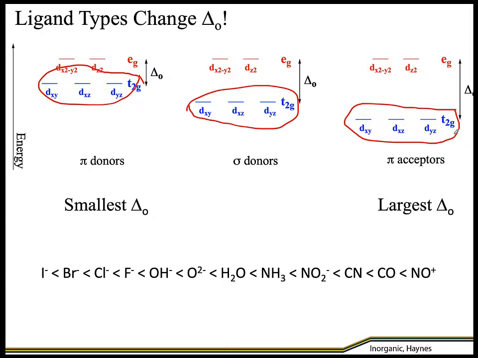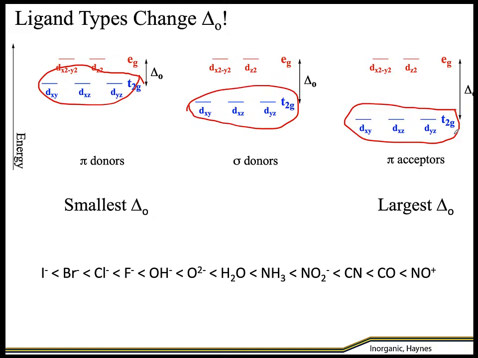And if we have something that's a pi acceptor, on the far right-hand side of the spectrum, it's going to have our largest value of delta octahedral. It's much more important that you can identify or at least rationalize why something is a pi donor, a sigma donor, or even a pi acceptor than it is to memorize this series of ligands.